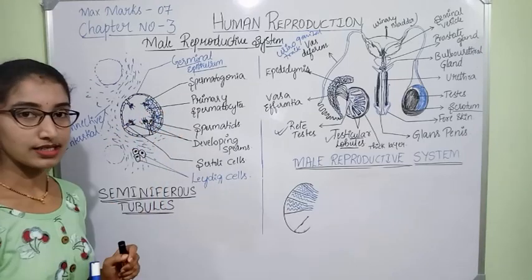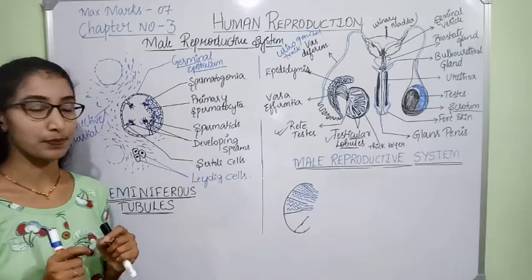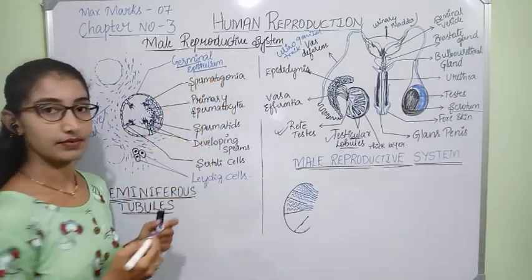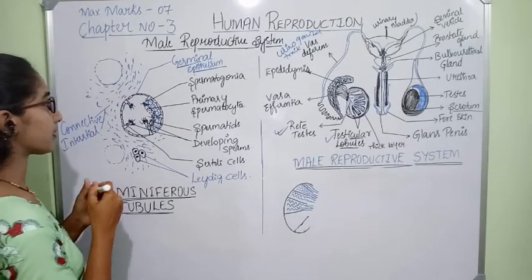A seminiferous tubule is made up of germinal epithelium cells.